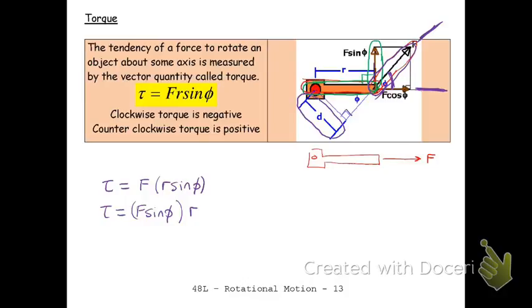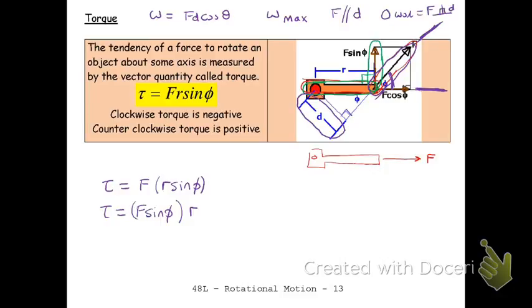We've seen something similar. We said work was equal to F d cosine theta. For maximum work, we wanted F to be parallel to d, and for zero work, we want F to be perpendicular to d.